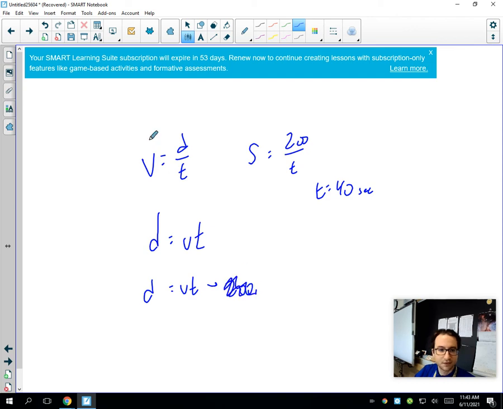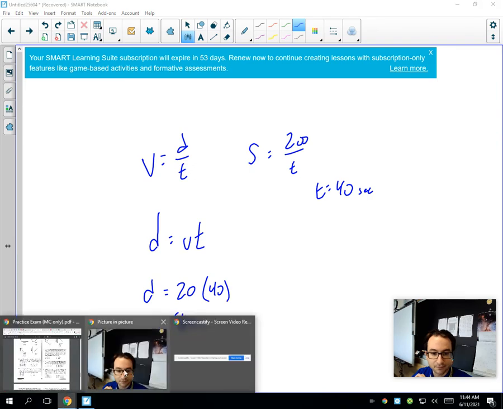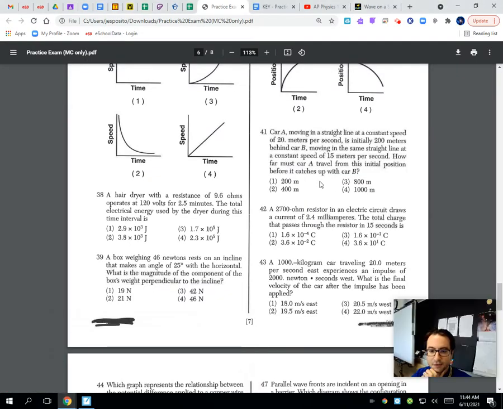The distance it travels is its velocity of 20 meters per second multiplied by the 40 seconds of time. The car will travel 800 meters in the 40 seconds it takes to catch up to car B. So choice 3, I suppose.